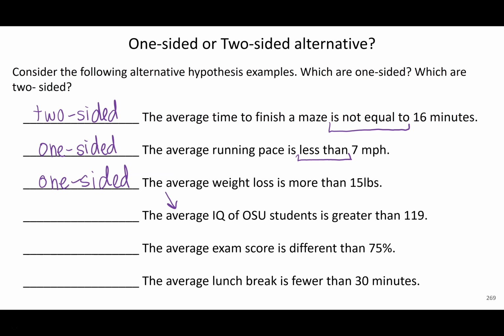The fourth: the average IQ of OSU students is greater than 119. I want to know if it's higher. That's a one-sided alternative. The fifth: the average exam score is different than 75%. It's different than, it could be higher, it could be lower, it could be either. So we're looking at a two-sided alternative.